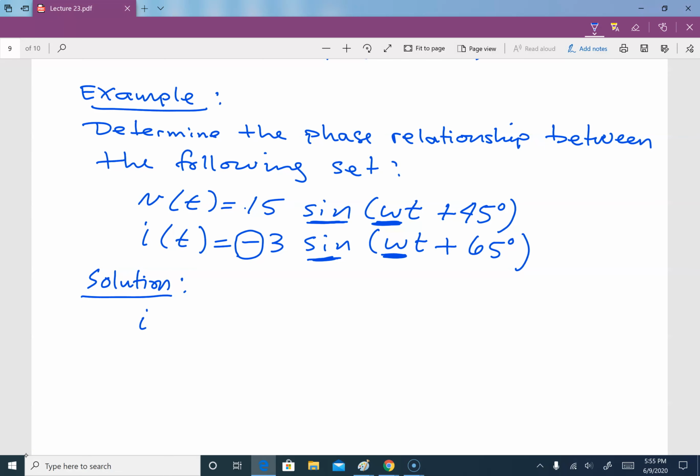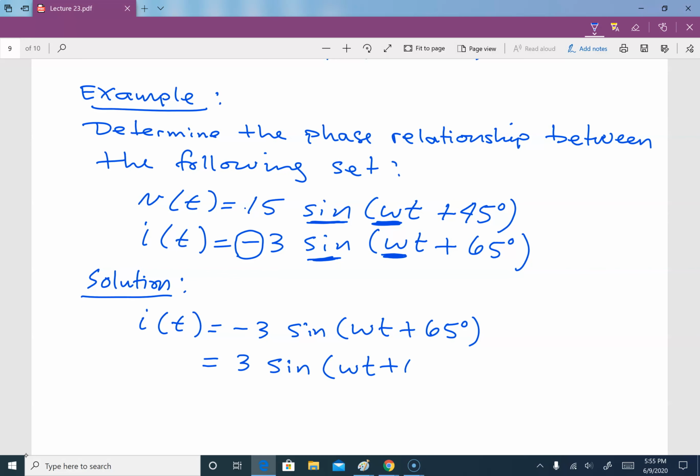So we can say that our I of t, which is negative 3 sine omega t plus 65 degrees, is equal to 3 sine omega t plus 65. And for this negative over here, I'm going to add 180 degrees, because we can go with plus or minus 180 degrees.